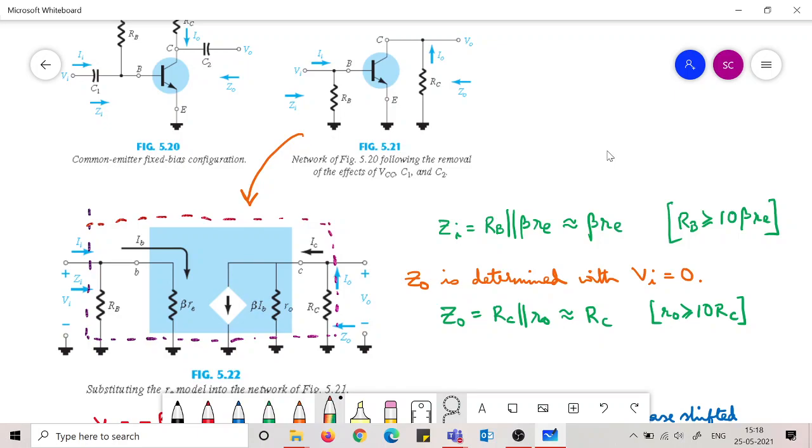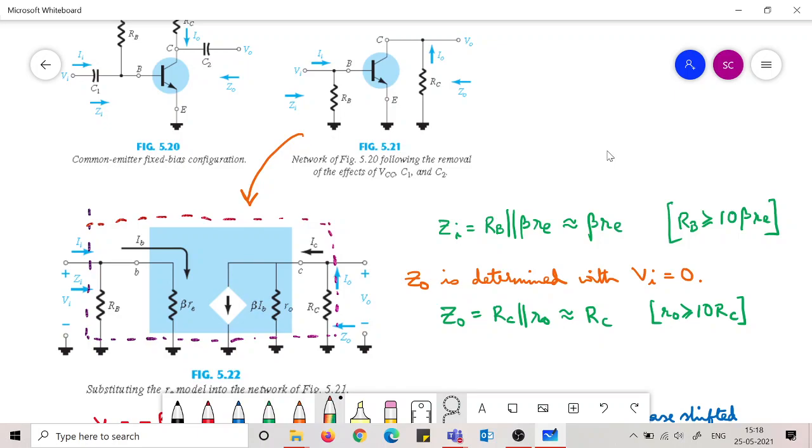Now normally this Re is in the range of ohms. This is very small, and Rb is in the range of kilo ohms, quite high. But beta is quite high also, in some hundreds, but even then you will notice that in most of the circuits that you will be given to solve, your Rb is quite a bit higher than beta Re.